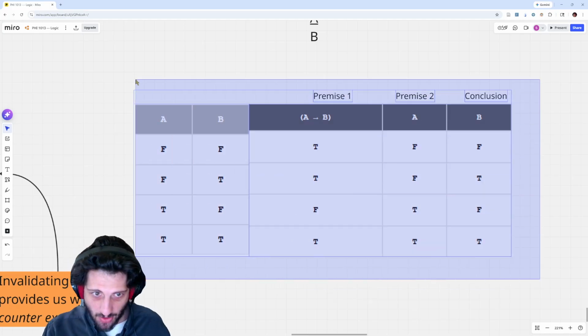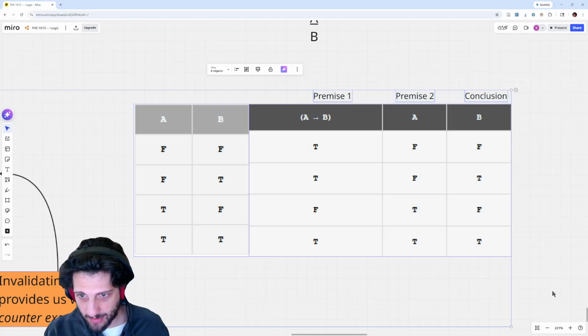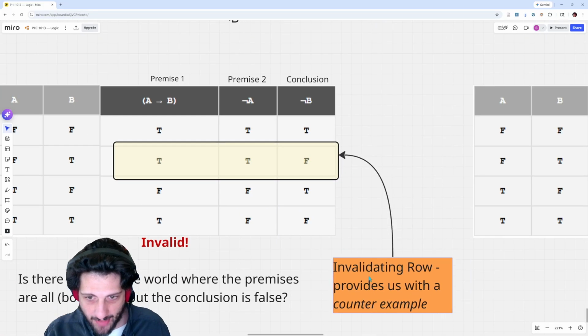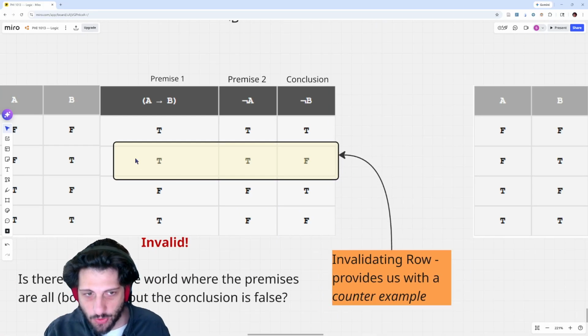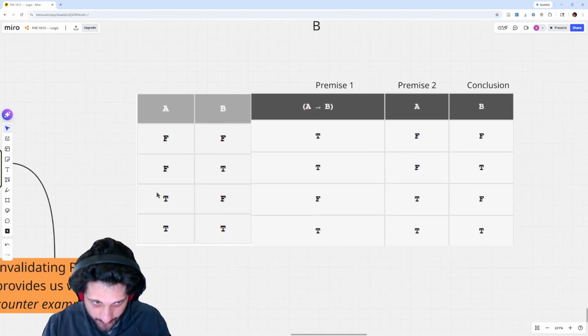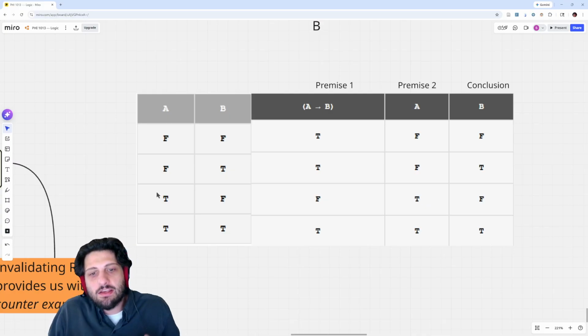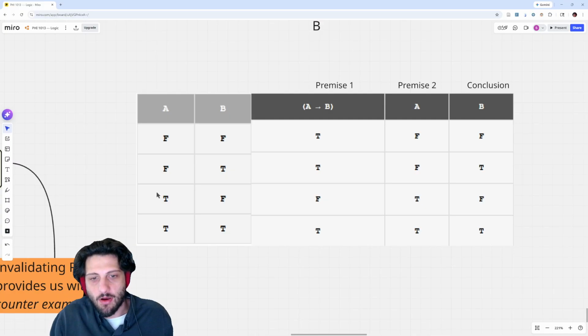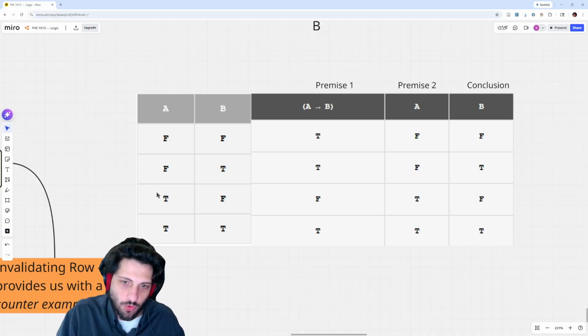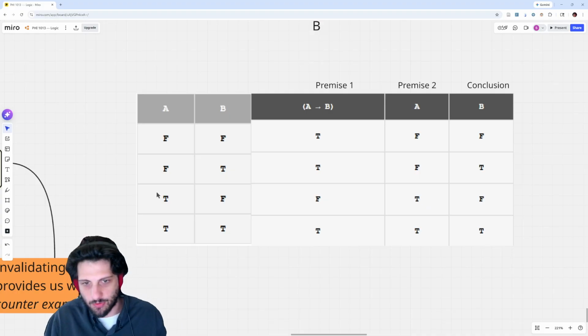So with this argument, in this truth table, we don't have any invalidating rows. We don't have any situation where both of our premises are true but our conclusion is false. Think about this with our definition of validity. We're trying to figure out, is it even possible for the premises to be true without the conclusion being true?